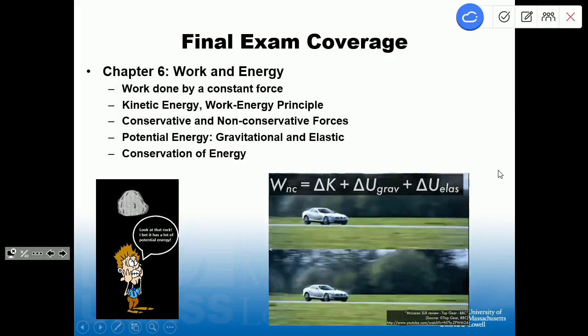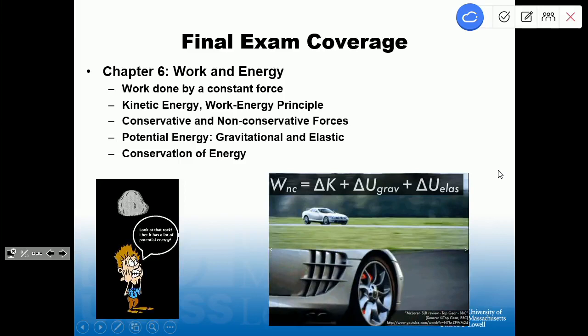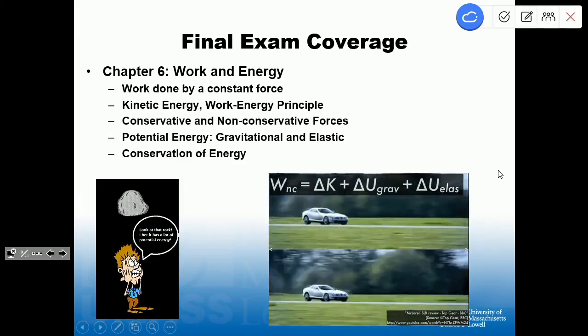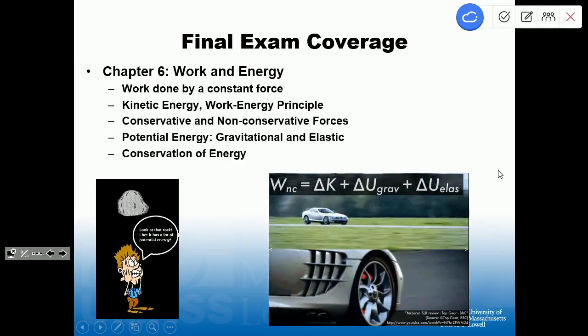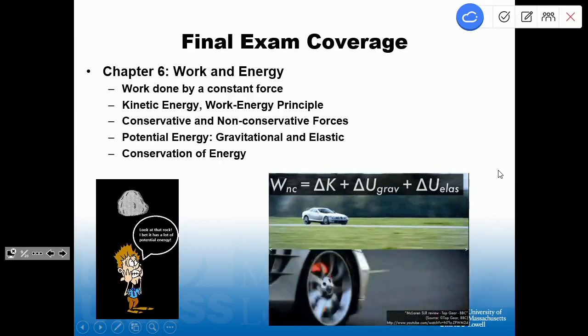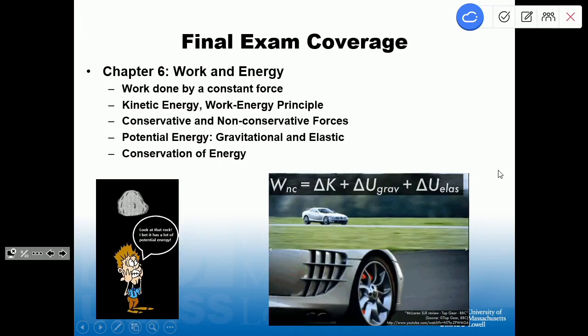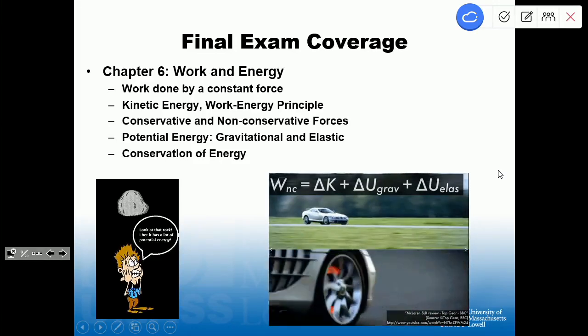How much ability it has is 1/2 mv squared. The more massive it is, the more ability it has. The faster it's moving, the more ability it has. So the kinetic energy of an object of mass m moving with speed v is 1/2 mv squared. No directions. It can be moving in any direction it chooses, and it has that much energy.